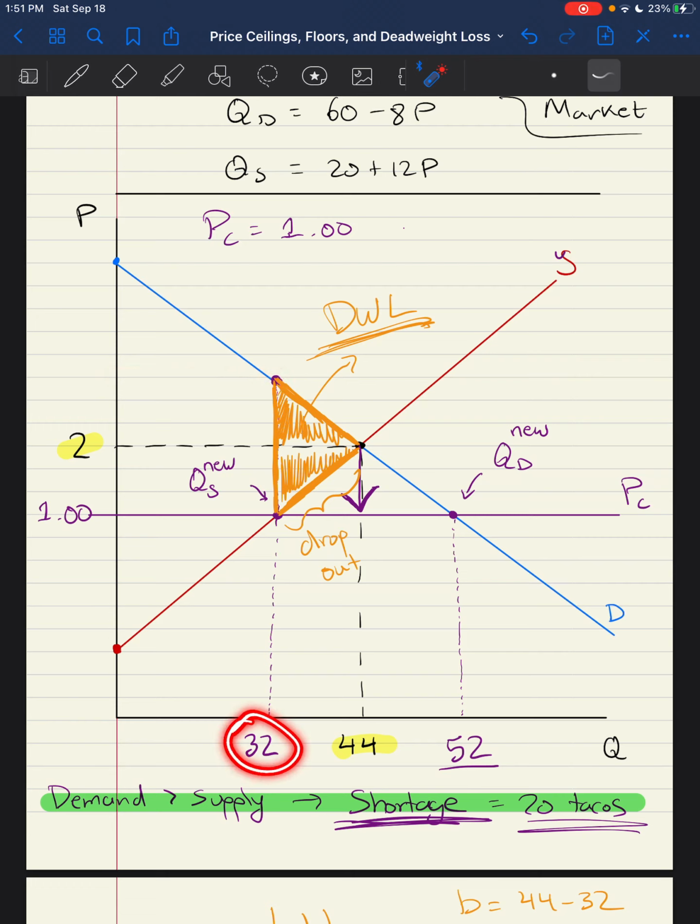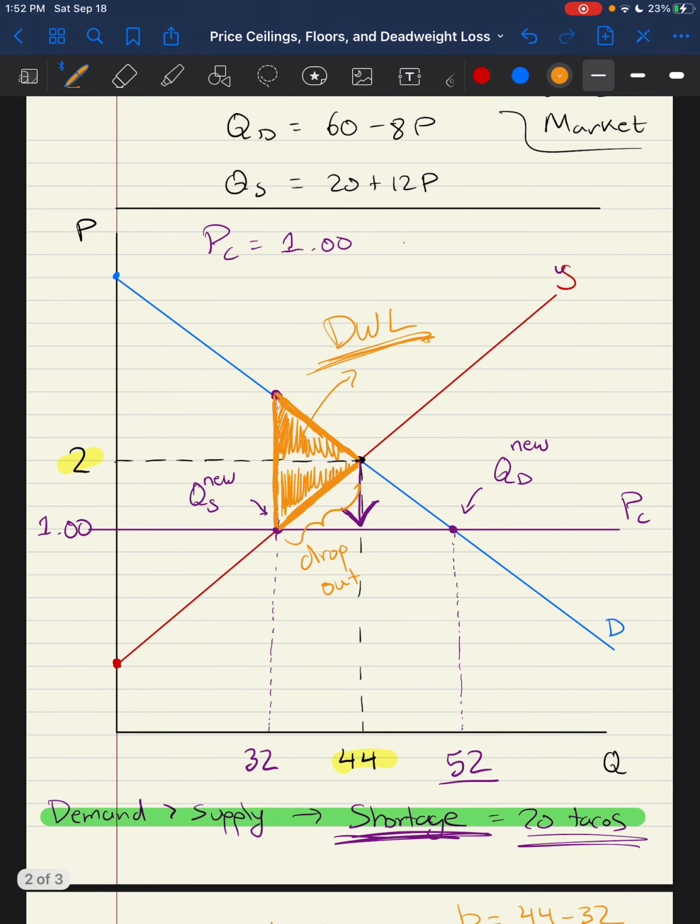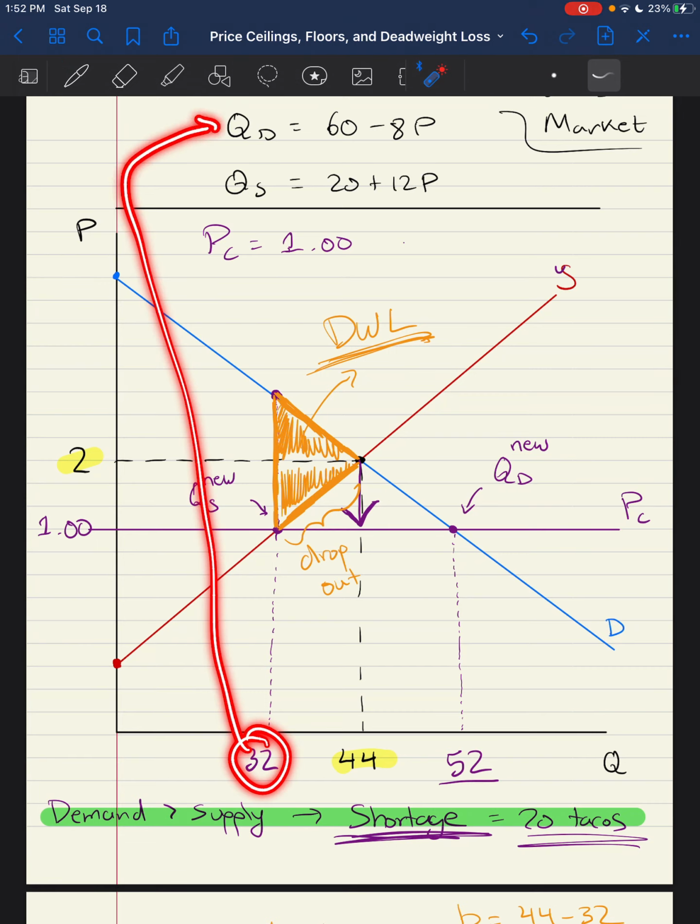Well, why don't we just plug 32 into our demand curve, and that's going to give us our resulting y value, right? So let me clarify. We're going to plug 32 into our quantity demanded, and we're going to solve for our resulting price.